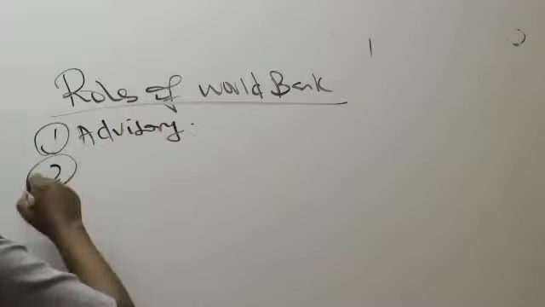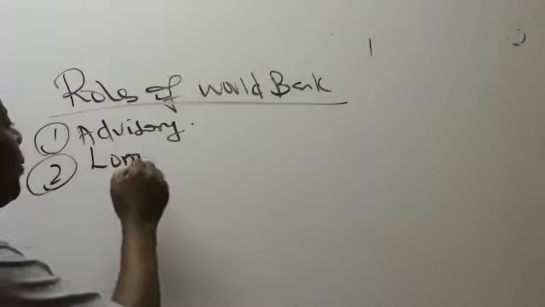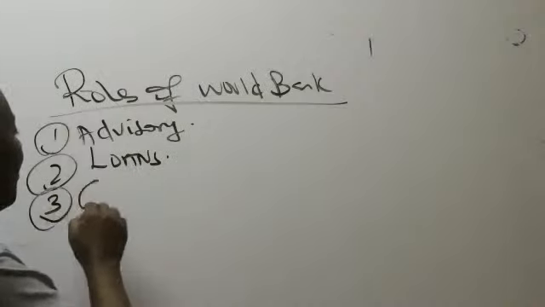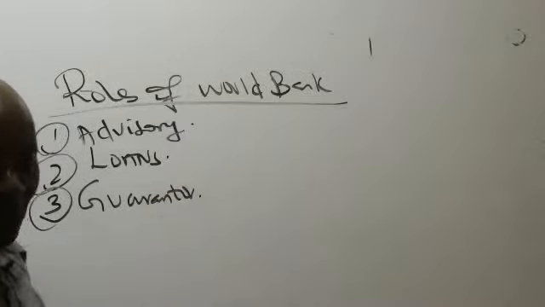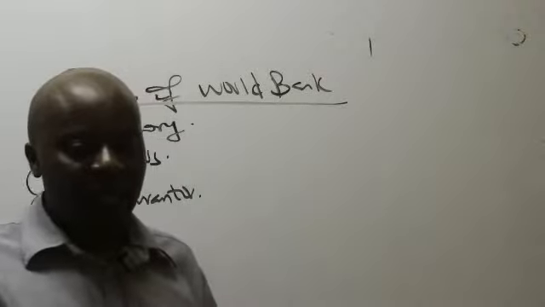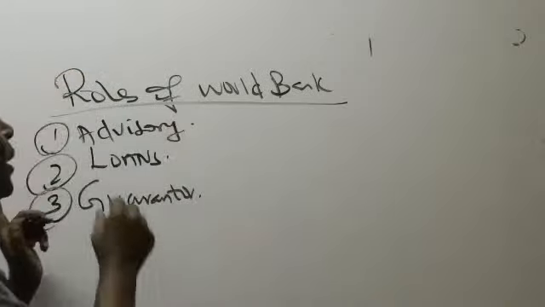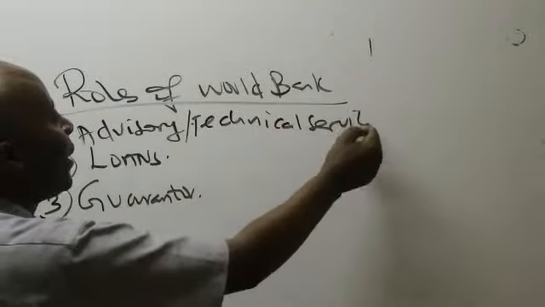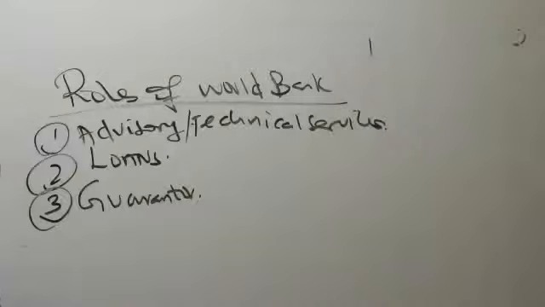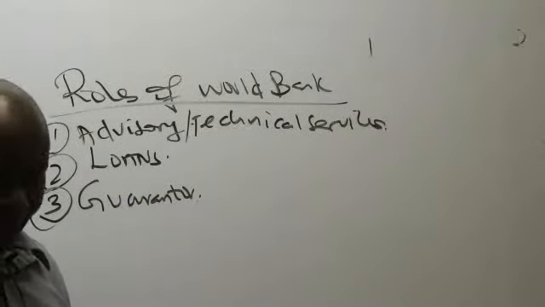Advisory, giving member countries development loans. I have seen you say something about guarantor. It comes in as a guarantor whenever two nations need it. Technical services to member countries, that is the same as advisory. Technical services to member countries, yes, for economic and social development, yes.